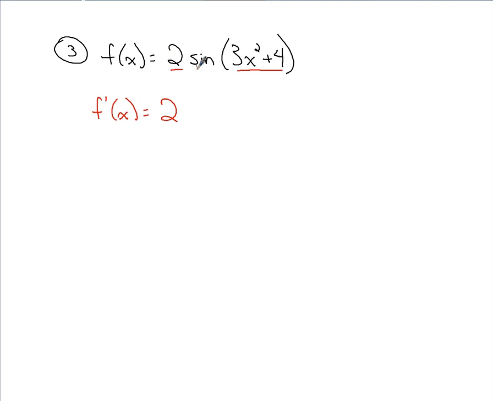So that derivative would be cosine. I've taken the derivative with regards to the outermost part here, meaning this inside part stays the same. But now you have to acknowledge the derivative for that inside part. Derivative of 3x squared plus 4, that's going to be just 6x, right, because 4 goes to 0. And if we're not asked to simplify any further, that's your answer. That's it.